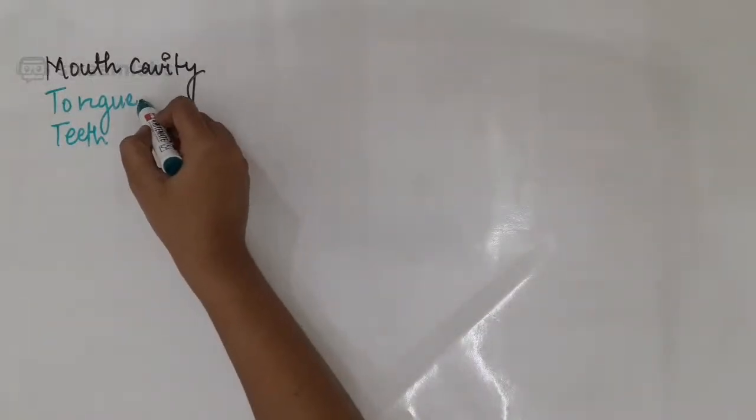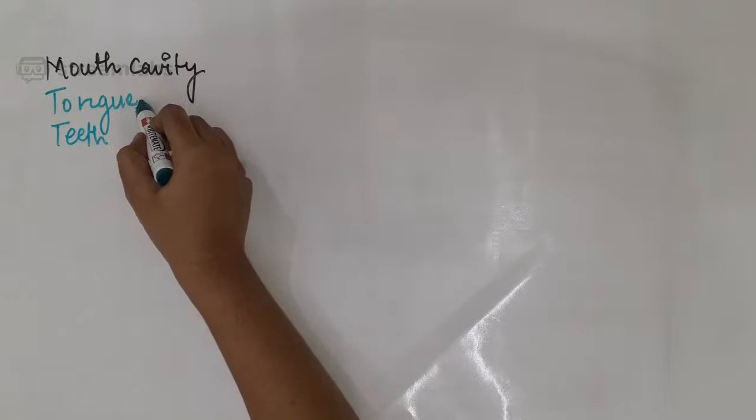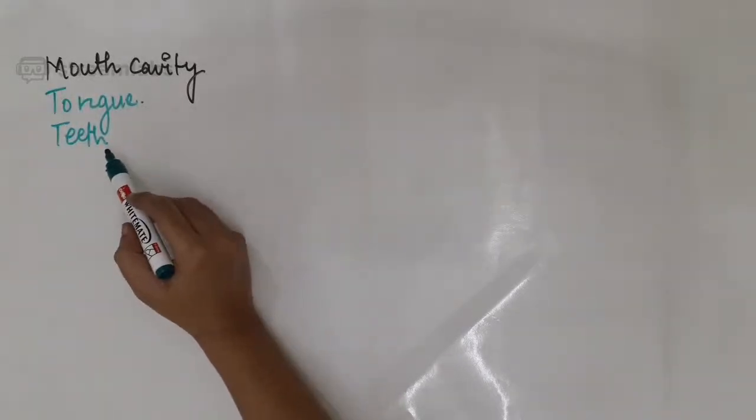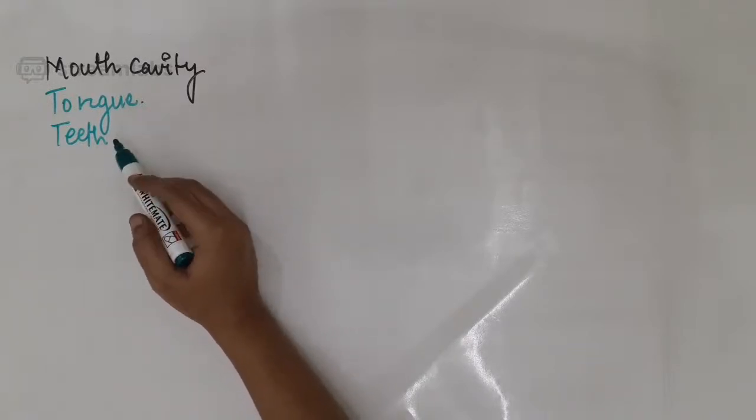These two help in the first, that is physical or mechanical digestion, and second, that is the chemical digestion. The tongue helps the food to mix with the saliva by swallowing, and the teeth masticate the food and mix it with this saliva.